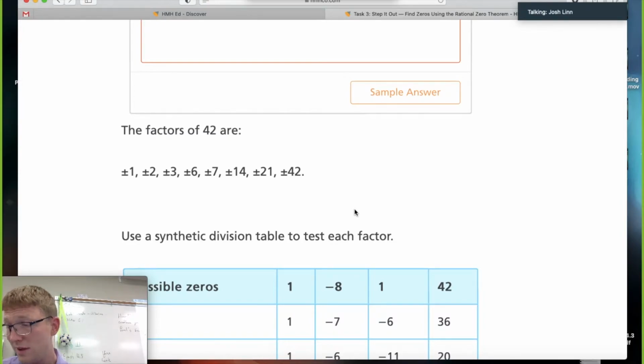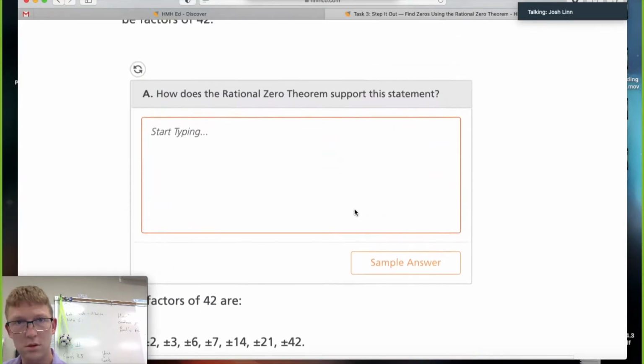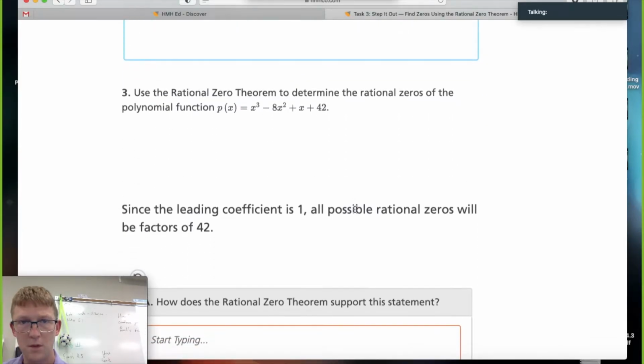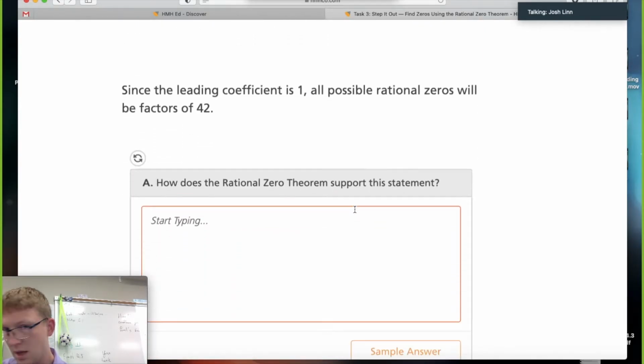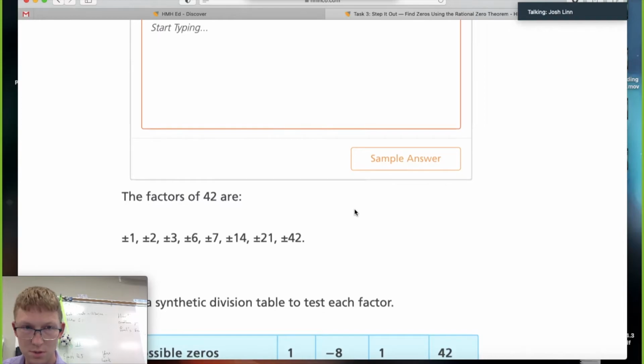So now what we essentially have to do is divide each one of these factors into our polynomial up here and then figure out which ones work. So really what we're doing is we're going to take each one of our factors and let's say, start with 1.